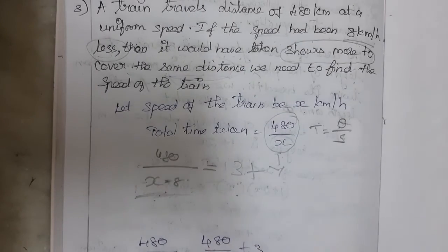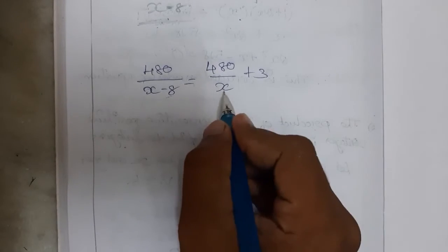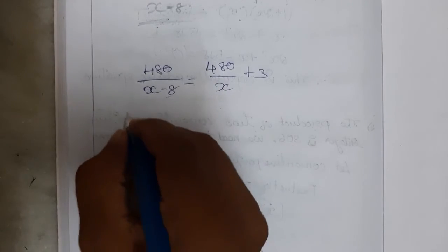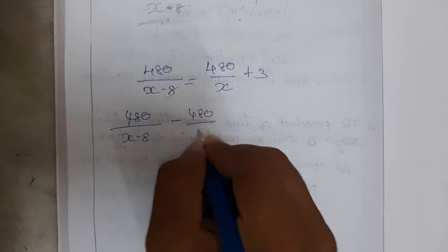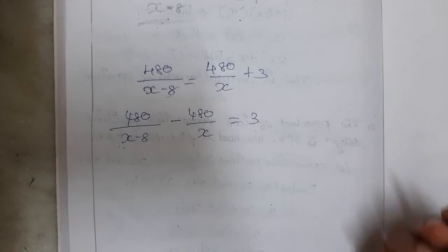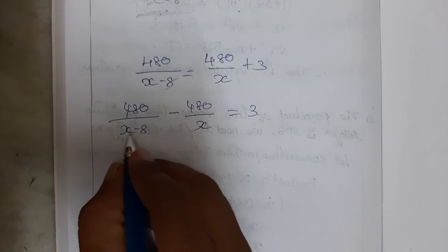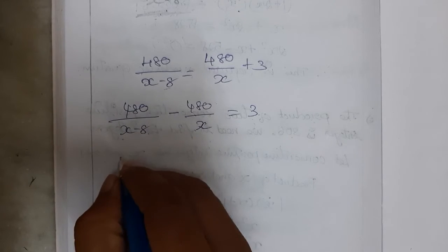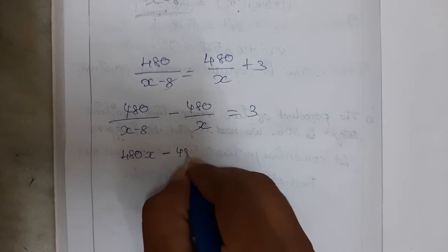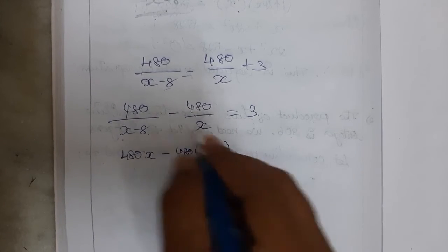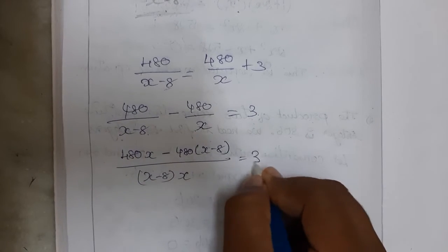Clear? Now we solve this equation and form a quadratic equation. Let me bring it over as a subtraction: 480 by x minus 8 minus 480 by x is equal to 3. Just cross multiply: x into 480, x minus 8 into minus 480. So x into 480 is 480x minus 480 into x minus 8, divided by x minus 8 into x, is equal to 3.